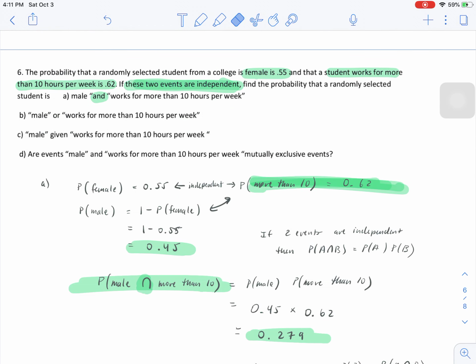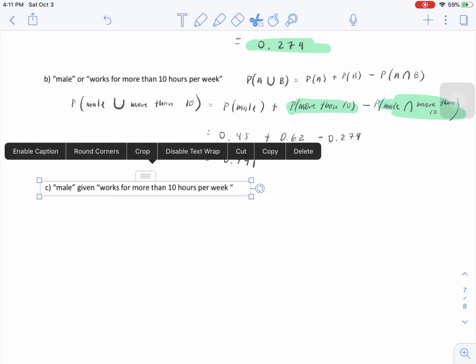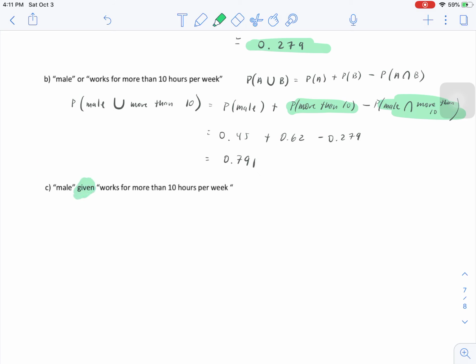All right, so now let's look at part C. In part C, we want the probability that you're male given that you work for more than 10 hours per week. In other words, I want the conditional probability that you're male given that you work for more than 10 hours per week.